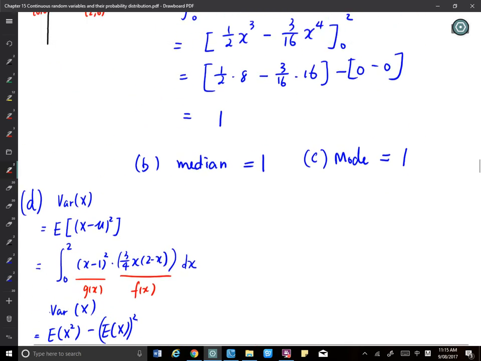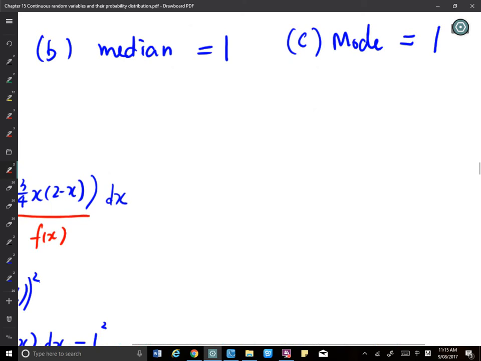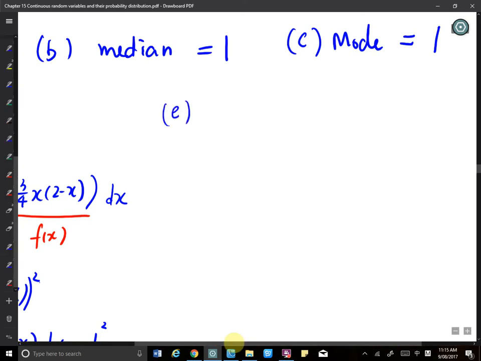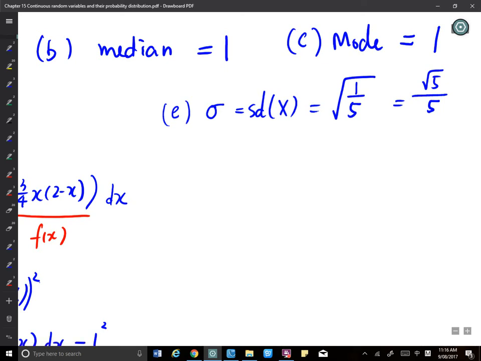Then we have E, the standard deviation. Standard deviation uses the sigma, it's called SDX. That's the square root of 1 on 5, and that equals root 5 on 5.